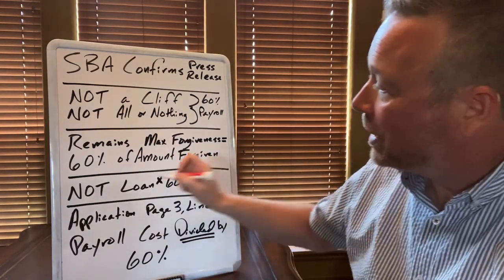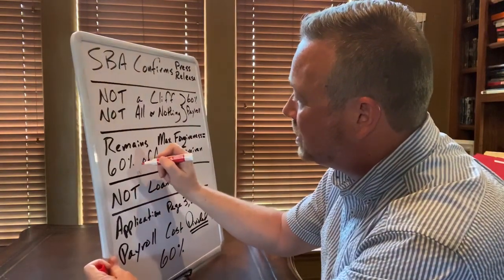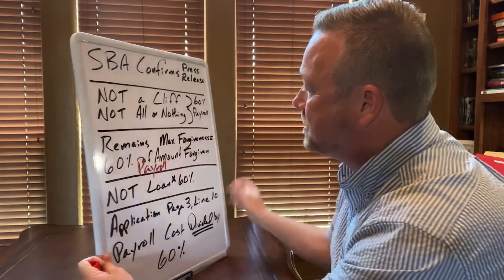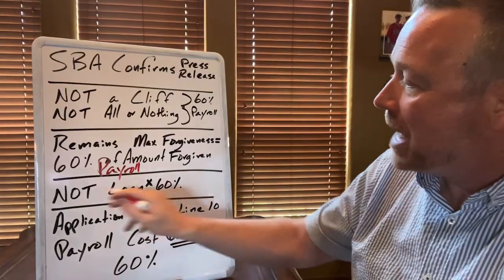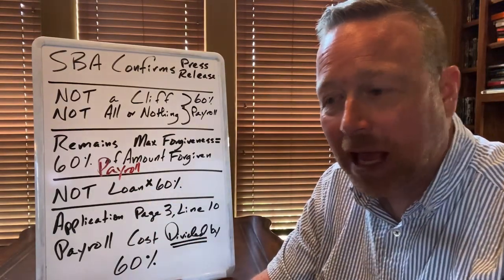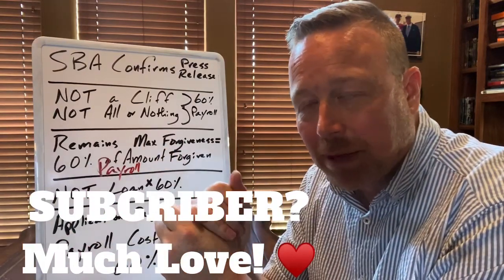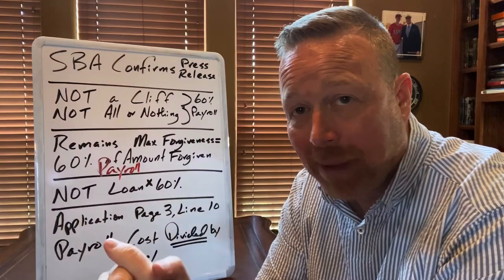So when we're looking at this, and we're going, well, 60%, how does that come into play? Well, it's 60% payroll. It's not the loan times 60%. And I understand you're asking, what do you mean it's not the loan times 60%? When you go to the loan application, because that's all that matters now, right?